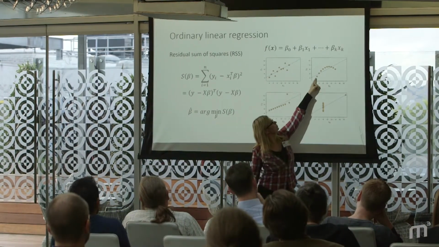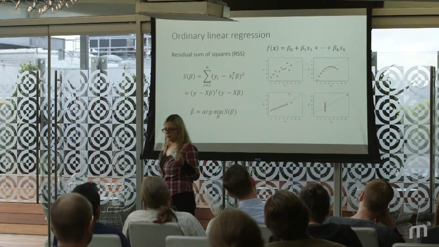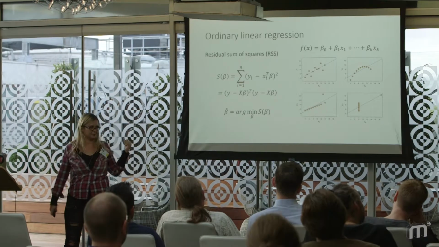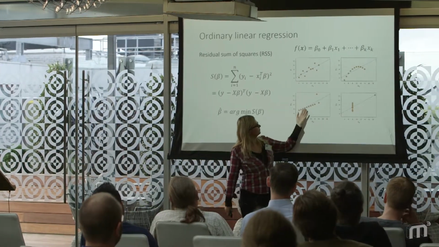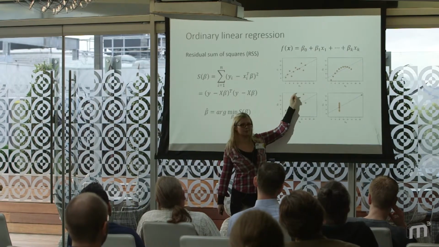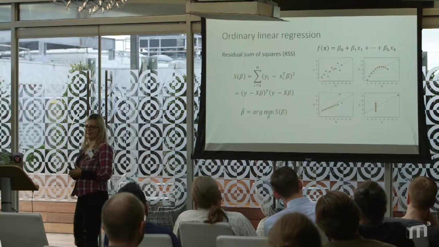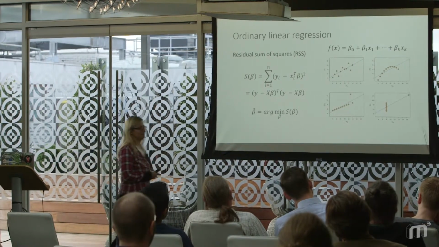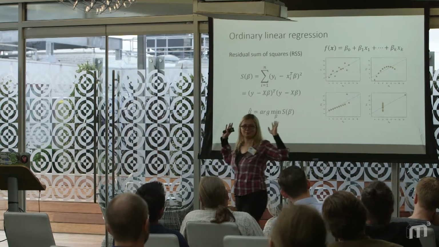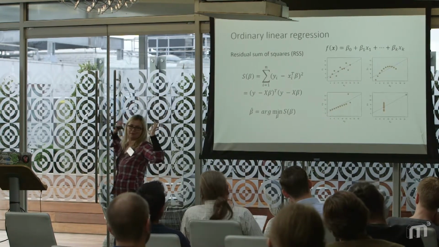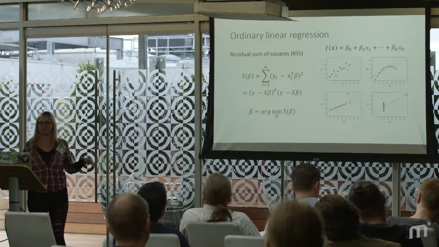For these dots, it will find you another line. But these dots are not linearly correlated, right? This model is very sensitive to values that are just a mistake. And even if you have data that we shouldn't even think of as a linear regression problem, it will still give you the line.